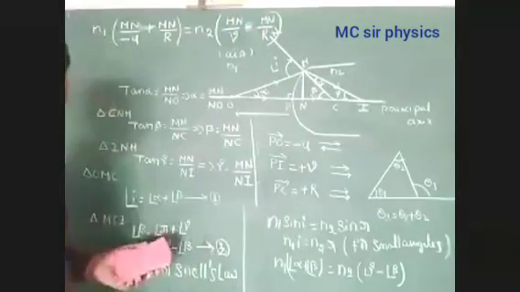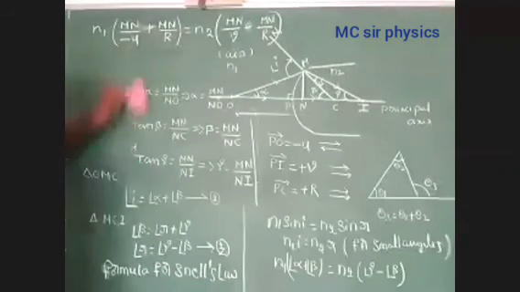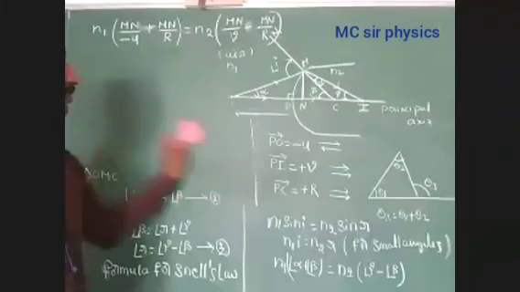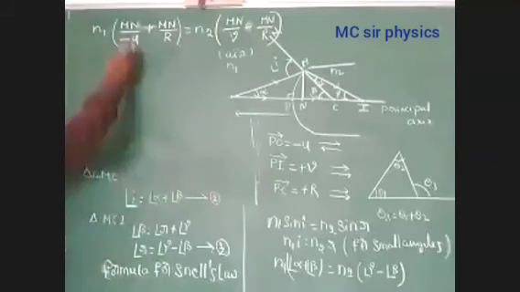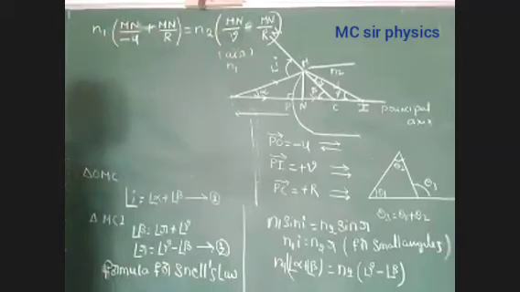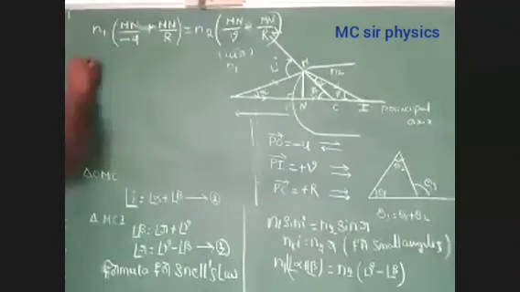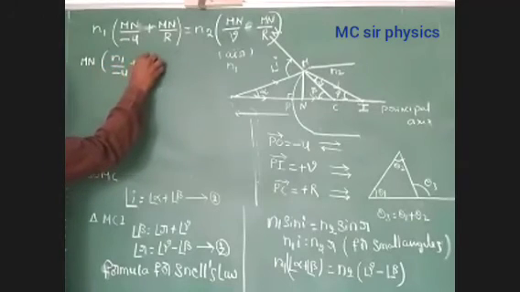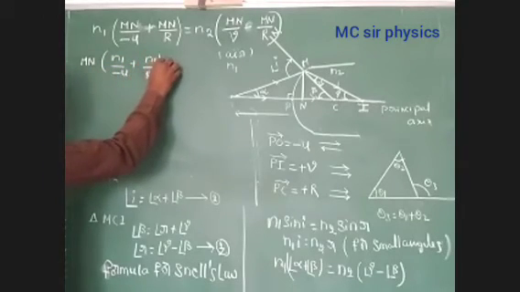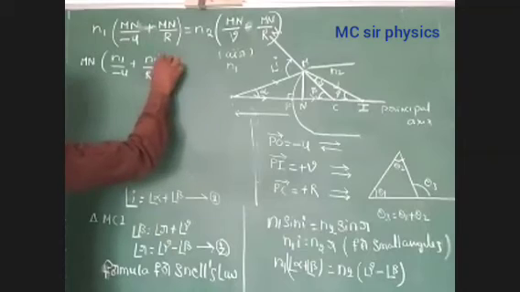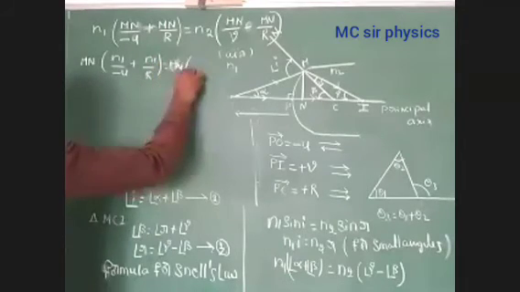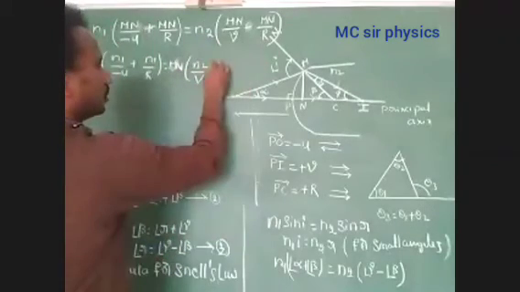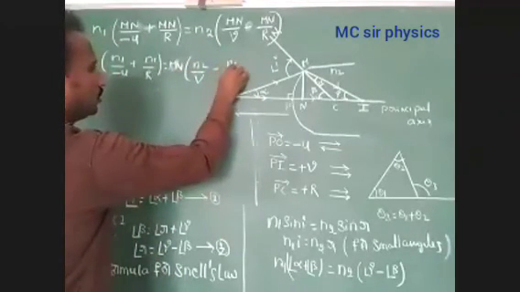Completed. Now we have to find the formula. This information is enough. Now we have to make MN common on the left-hand side and right-hand side. Now n1 by minus u plus n1 by capital R equals n2 by v minus n1 by u.